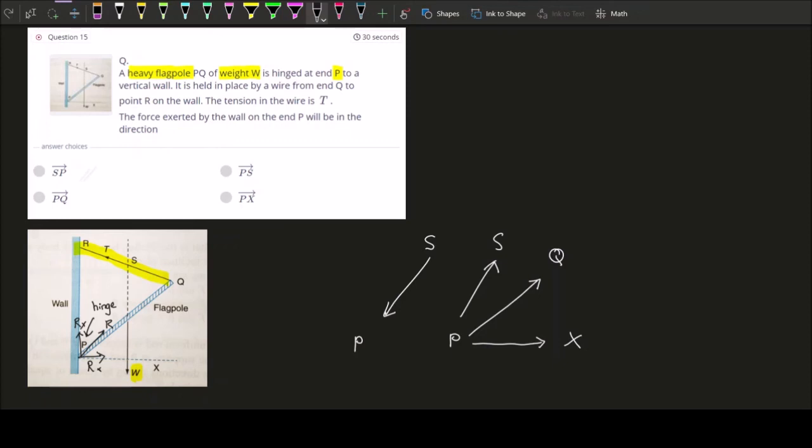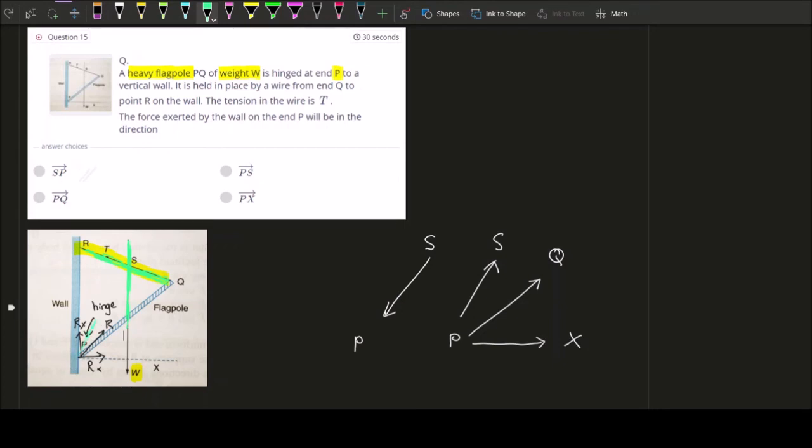Well, there's a trick actually for this kind of question. For a rigid body, all of the forces must pass through a single point. Now let me demonstrate what it means. You see this tension is here right now, then the weight, if you extend it, it will go something like this. What I mean here is this reaction force at point P should also pass through a common point as well.